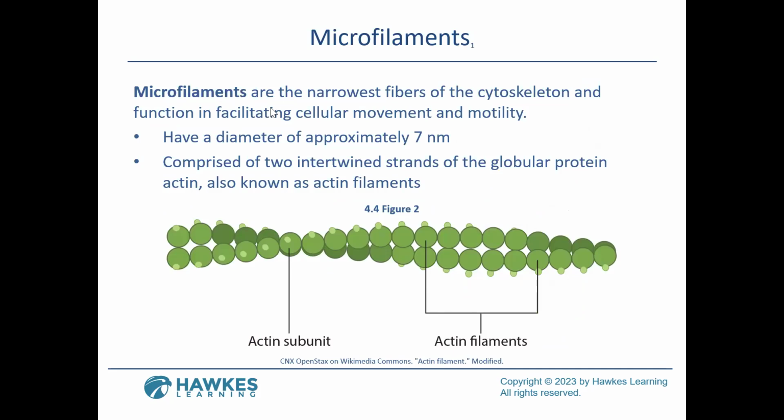You know, the cell needs to move, cell crawling, cell walking. So the cell has appendages that enable the cell to walk, to move from one place to another. So microfilaments, these are the narrowest fibers of the cytoskeleton, and they function in facilitating cellular movement and motility.